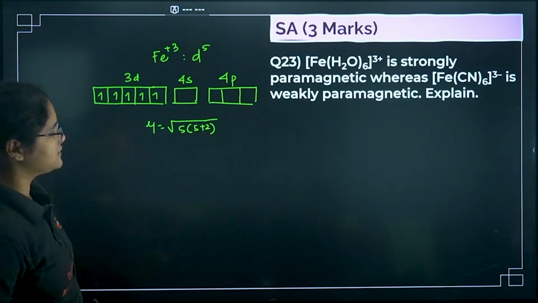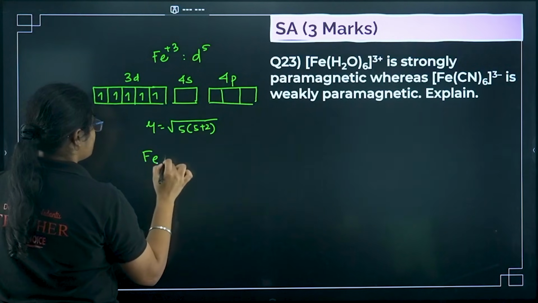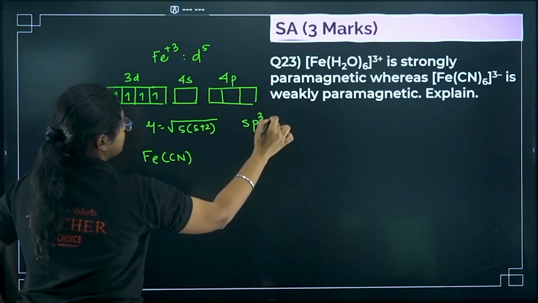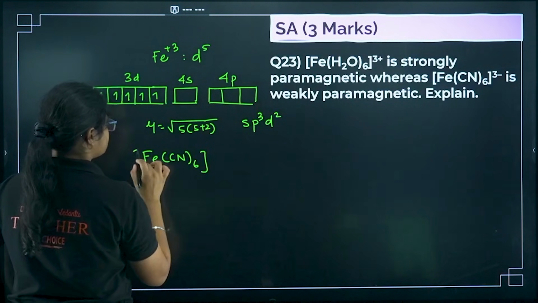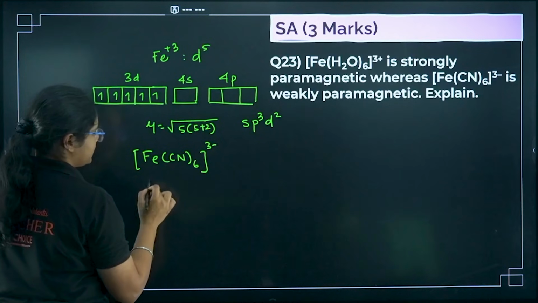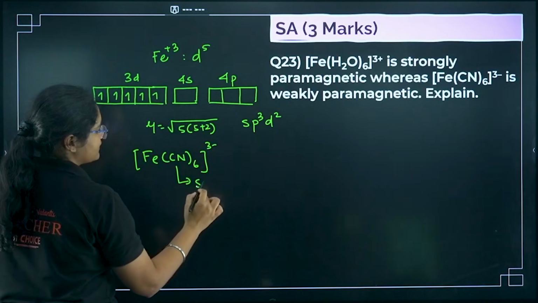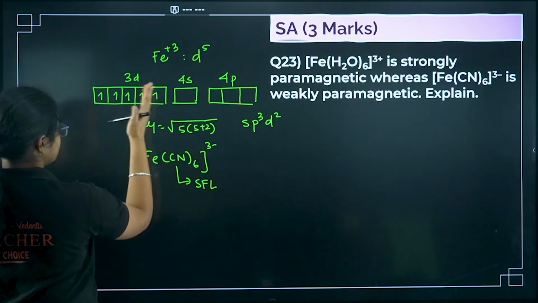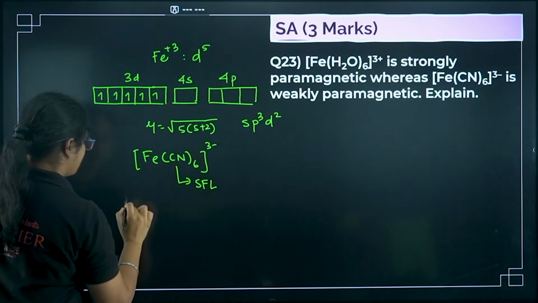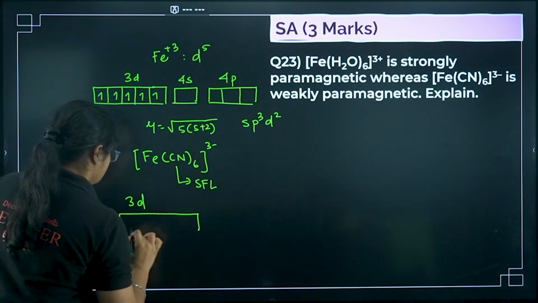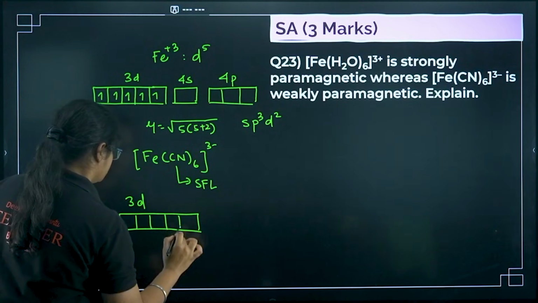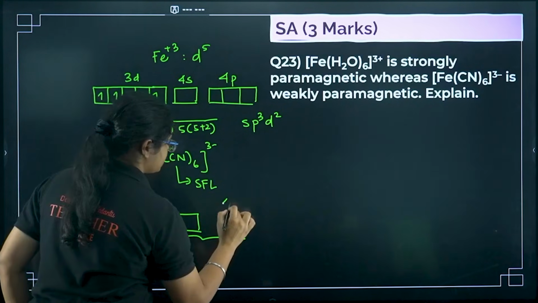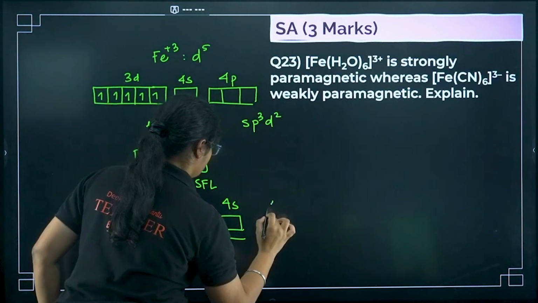Now let us go for Fe(CN)6 3-. What will be the hybridization here? It will have d2sp3 hybridization. Now in Fe(CN)6 3-, Fe is also in d5 configuration, but CN is what? It is a strong field ligand. That means pairing of electrons will take place here. So the 5 electrons will be paired up, and you will have 3d in this form, 1 2 3 4 and 5, and this d2 is available, then we have 4s, and then we have 4p.